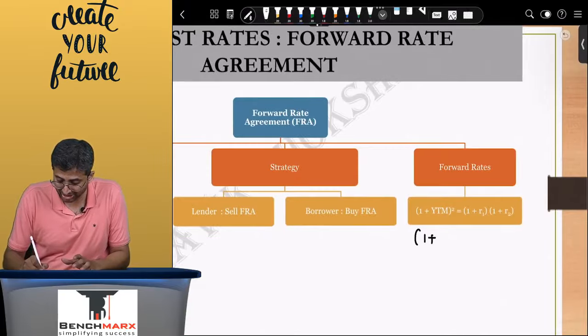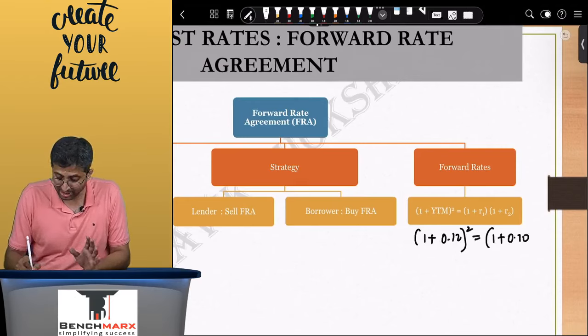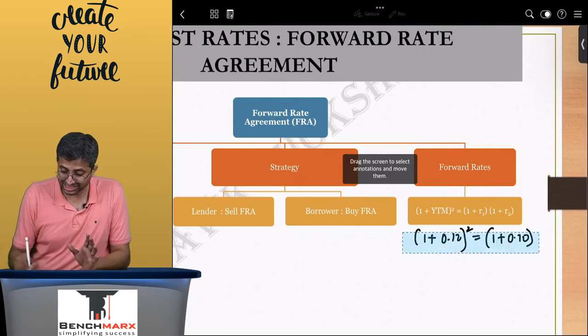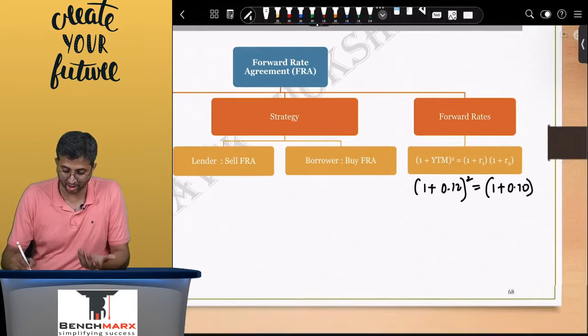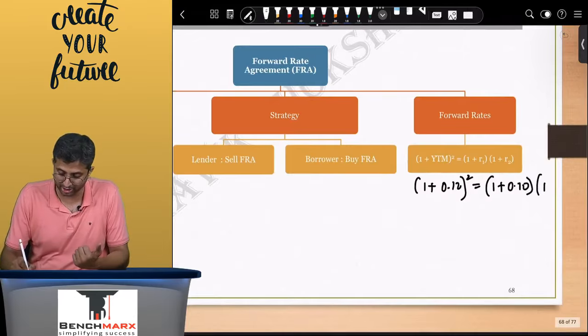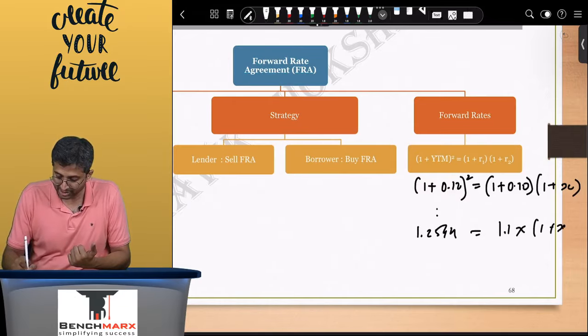So you are getting a 2-year bond at 12%, and a 1-year bond is available at, let us say, 10%. That means for the second year, what is the rate? We are saying that 1 rupee that you start now should become the same after 2 years. If you solve this, 1.2544 equals 1.1 into (1 plus x).